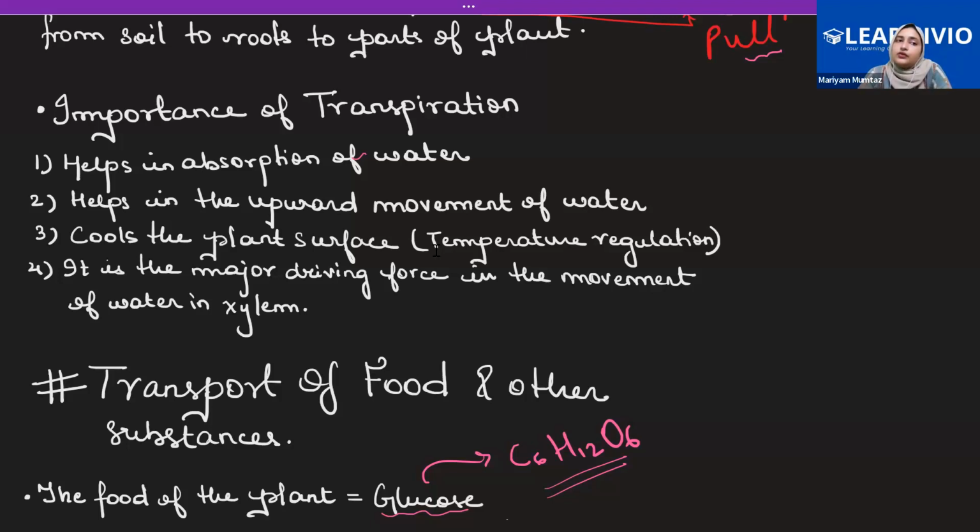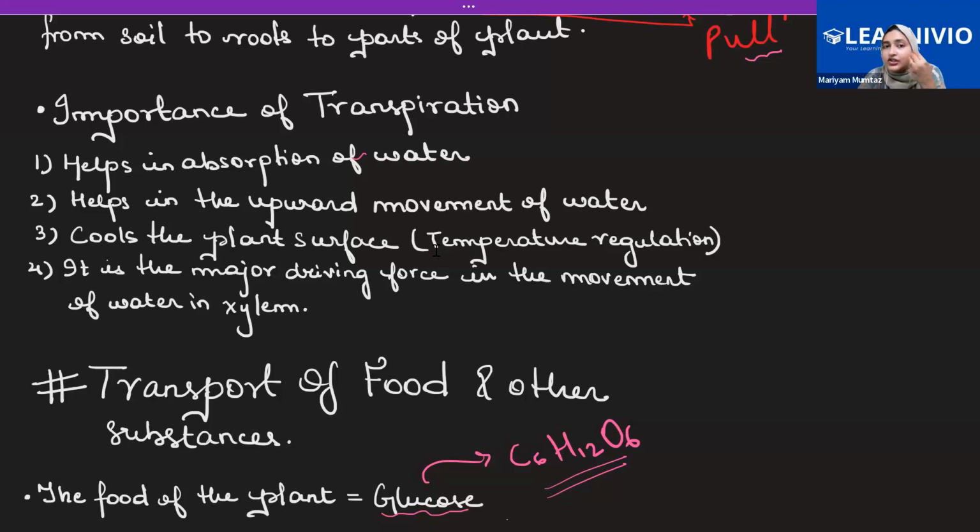Now see, even though transpiration is one way or the other a loss of water, it is still very, very important for the plant. Why? Because it helps in the absorption of water from the soil. It helps in the upward movement of water, and just like during the summers we sweat, and that sweat is there to cool our body surface, in the same way transpiration cools the plant surface.